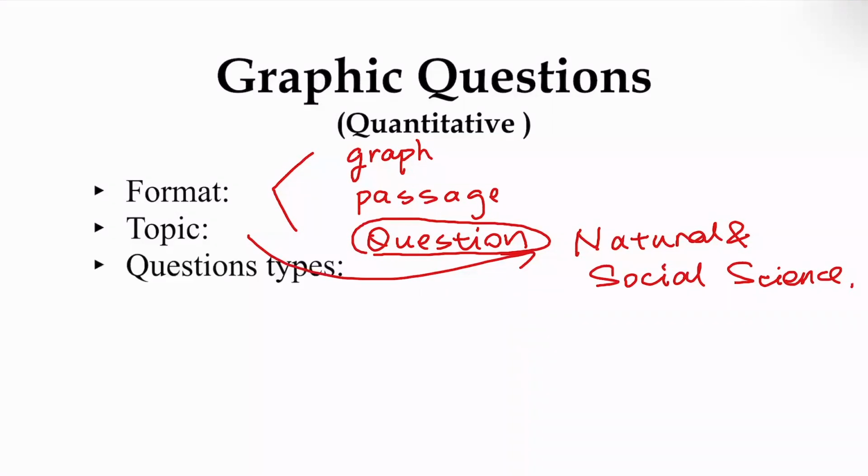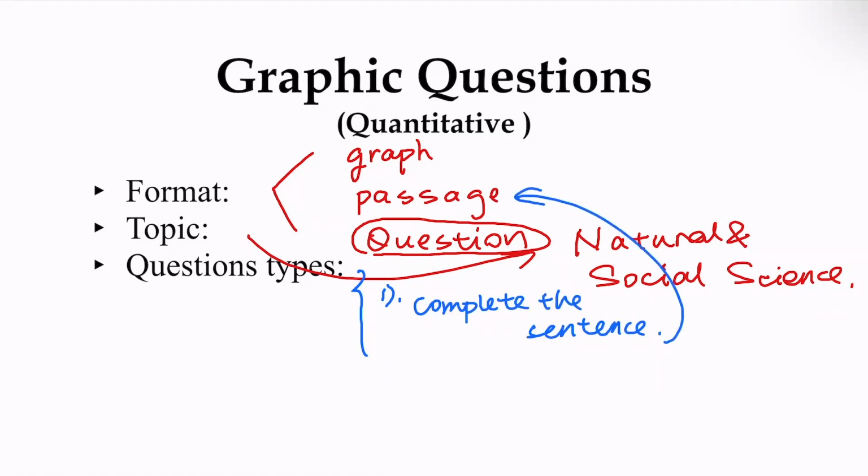And number 3 is about the question types. There are 2 different types of questions they can ask you about graphic information. Number 1, they're going to ask you to complete the sentence. The sentence is the last sentence of the previous passage, the previous paragraph.